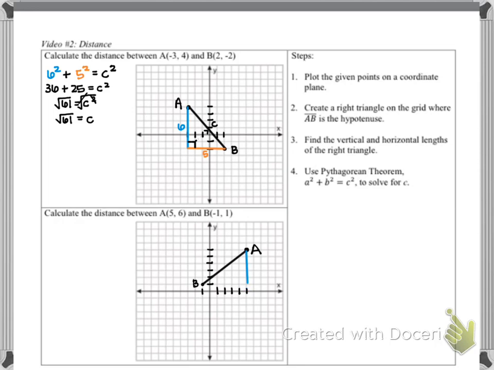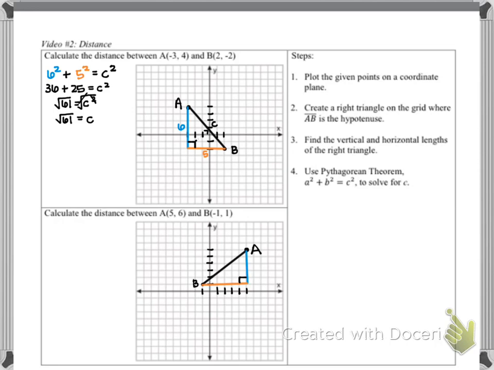There's that, and then let's move this across. Notice that I was able to make a right triangle. It doesn't really matter if I went up or down. I'm just trying to figure out how far the two points are apart from each other.